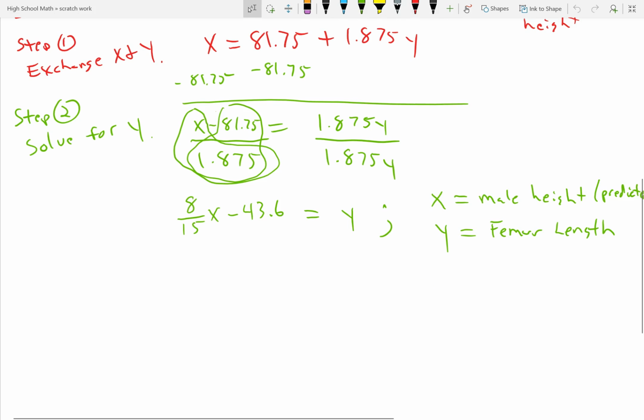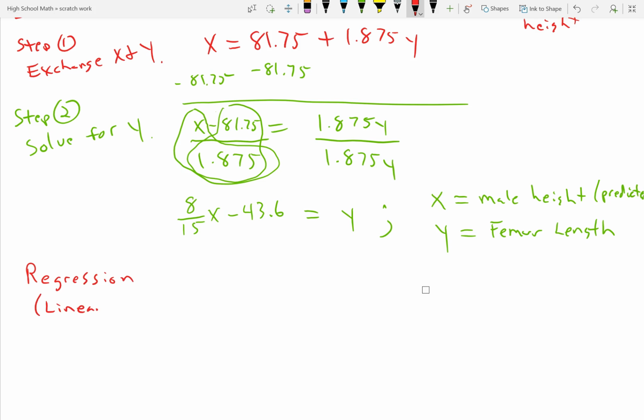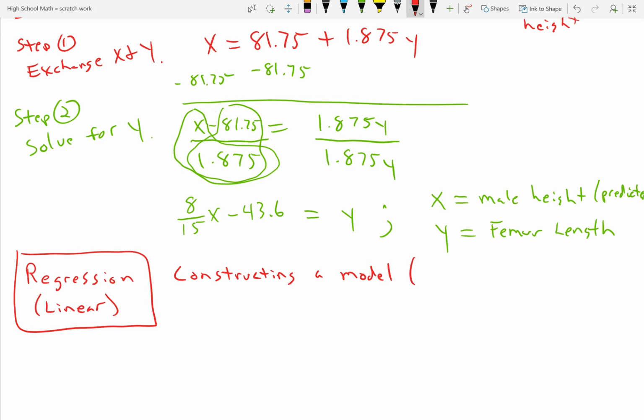So last note for your note page, we also performed a linear regression. A linear regression is constructing a model, and by model we mean in our case both an equation and a line, to predict some y given an x.